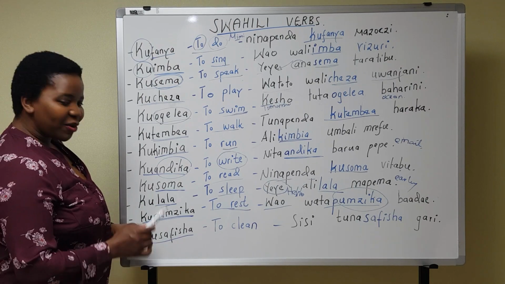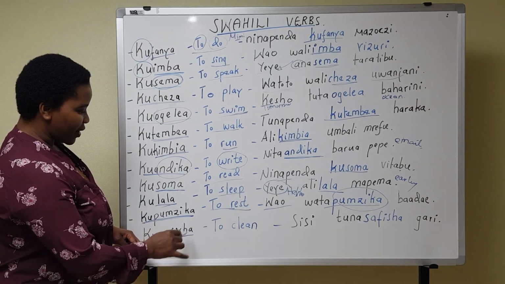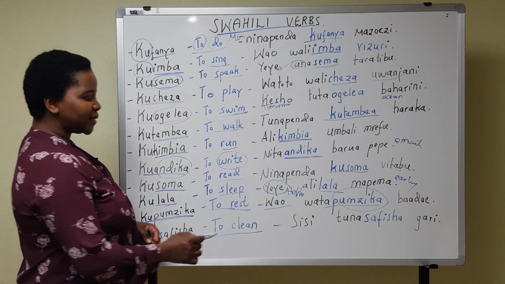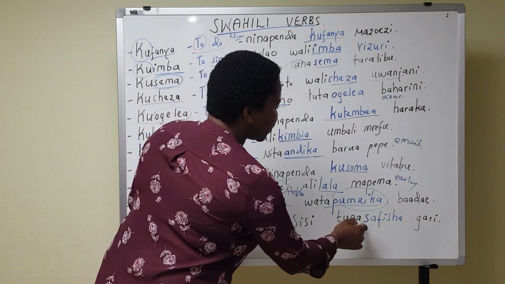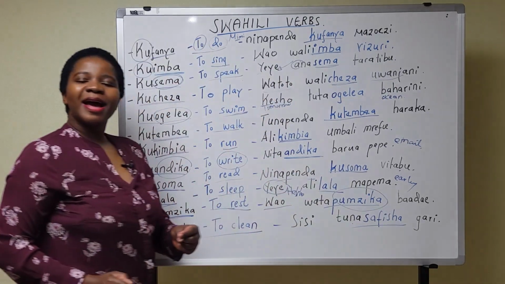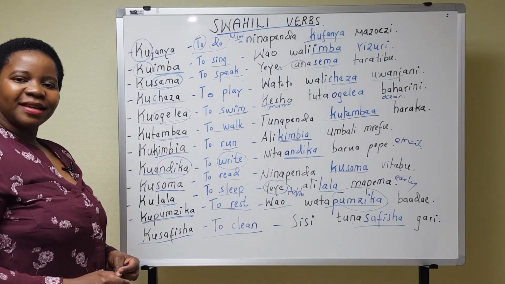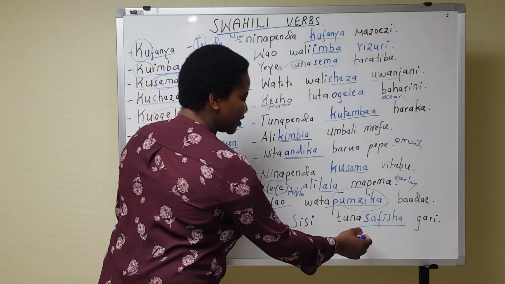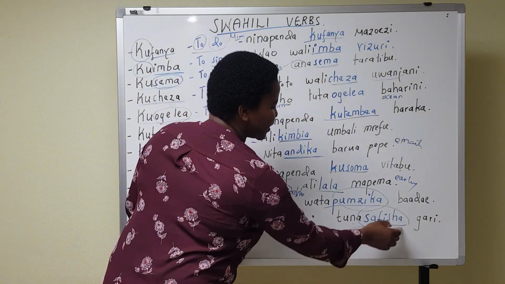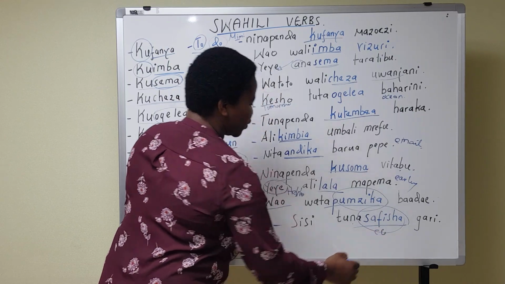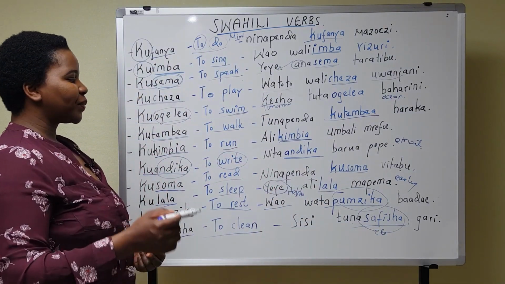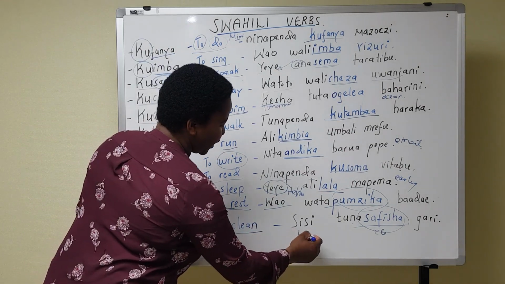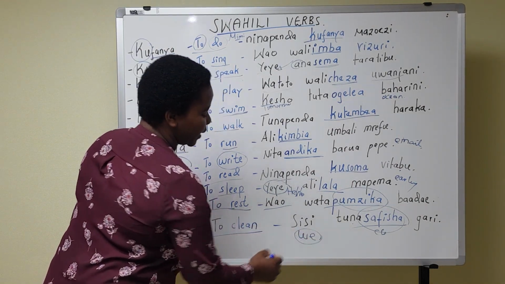The last example for today is kusafisha, which is to clean. The example says, sisi tunasafisha gari. The root is safisha, which is clean. Sisi means we in English.